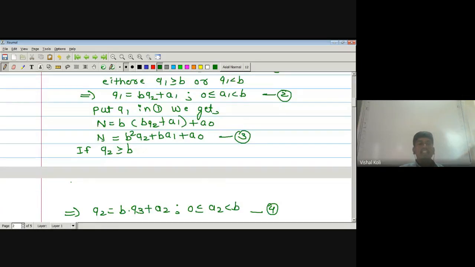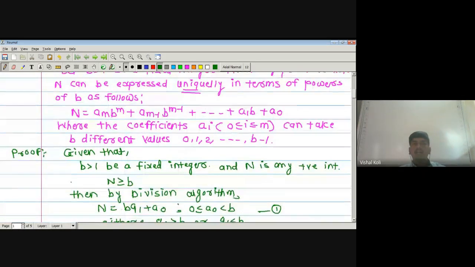Now as given that n is any arbitrary positive integer, for this representation we fix the value of n. As we fixed the value of n, this process obviously terminates after some finite number of steps.